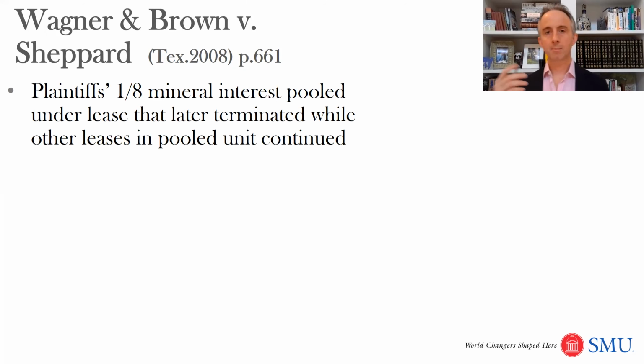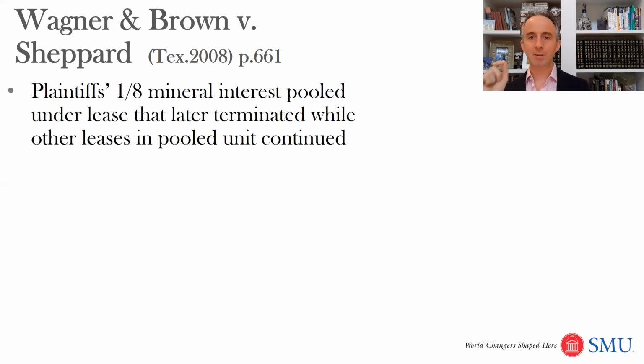In this case, the plaintiffs had a 1/8 mineral interest. So instead of having a half mineral interest or a quarter, they have a 1/8 mineral interest, and that was pooled under a lease. They had signed a lease, then their land was pooled, but the lease terminated, in this case, because royalties were not paid in a timely fashion, and that lease, unusually, made the lease continuation dependent on timely payment of royalties.